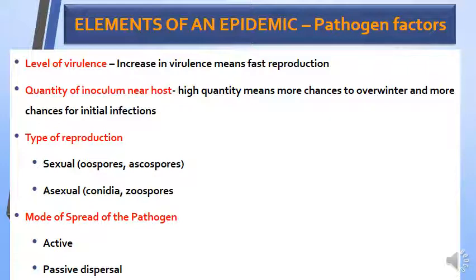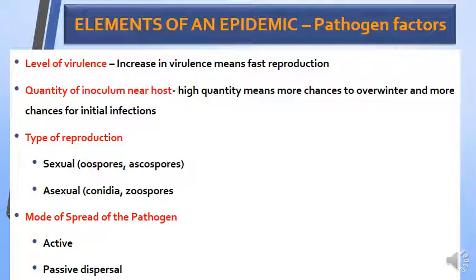Some plant pathogenic fungi, bacteria and viruses have a short reproduction cycle and are therefore polycyclic pathogens that can produce many generations in a single growing season. These pathogens have a chance to cause an epidemic because they can repeat the infection on a large number of hosts.